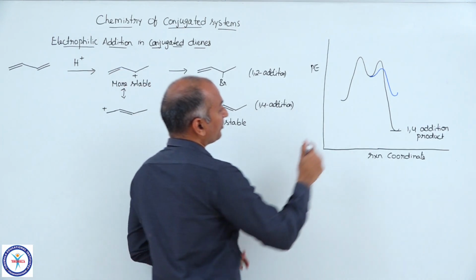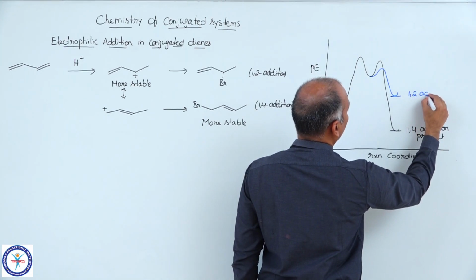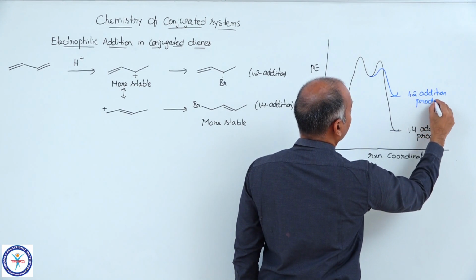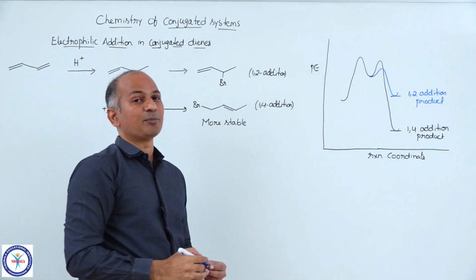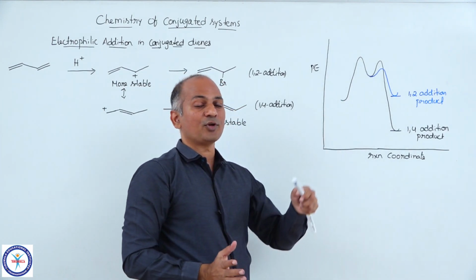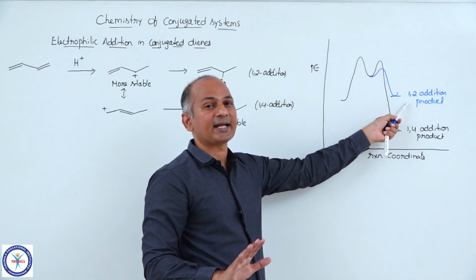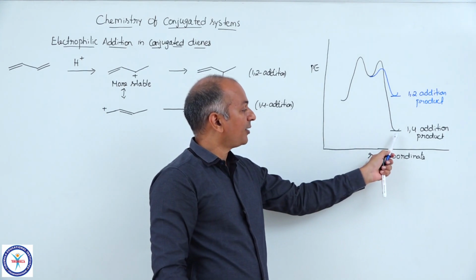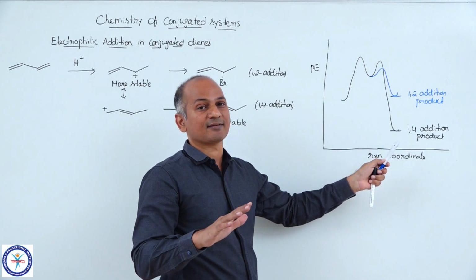And on this particular path lies the 1,2 addition product, which is less stable but involves lesser activation energy. You see the height of the blue colored curve and the height of the black colored curve. So in the second step, the 1,2 addition product involves lesser activation energy, so the rate is higher, and the 1,4 addition product involves higher activation energy, so the rate is lesser.